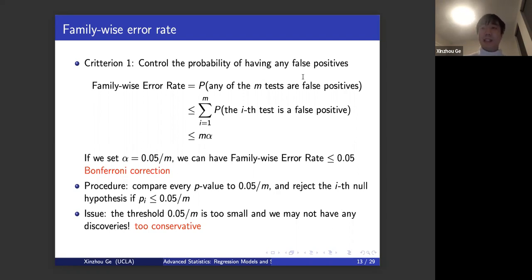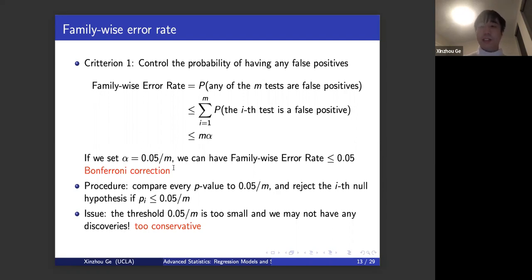So it means that if we set the threshold alpha equal to 0.05 over n, then we can keep the family-wise error rate under control, so that we can make sure the probability of having any false positives is smaller than 0.05.